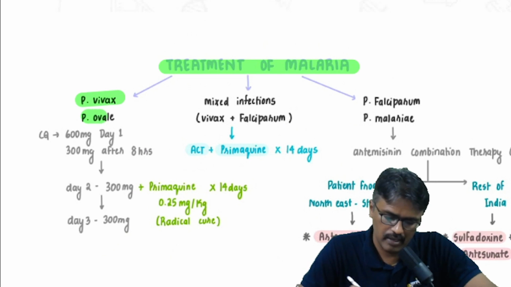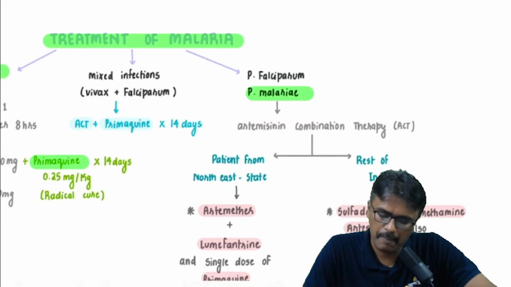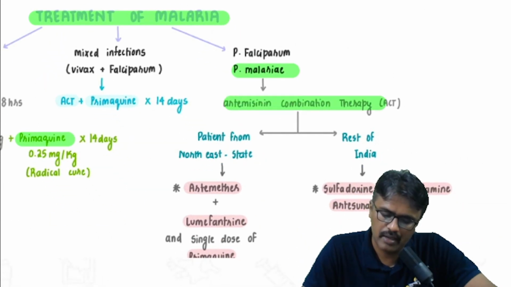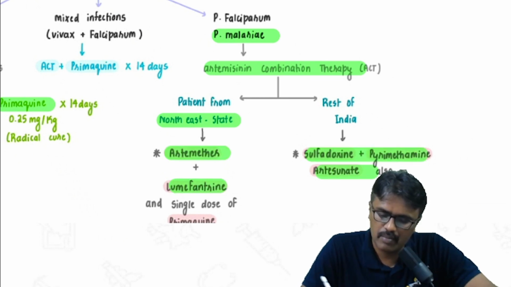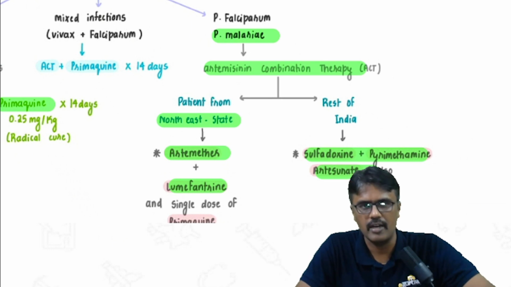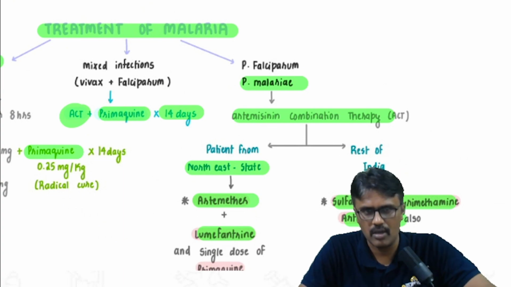Vivax and Ovale, we use chloroquine and primaquine for 14 days. Falciparum malaria and malariae, we use artesunate combination therapy. Patient from a northeastern state, we use artemether plus lumefantrine. Rest of India, we use sulfadoxine plus pyrimethamine plus artesunate. If it is a mixed infection, we use ACT plus primaquine for 14 days. So this is how we treat malaria.